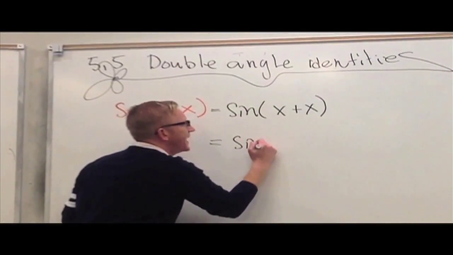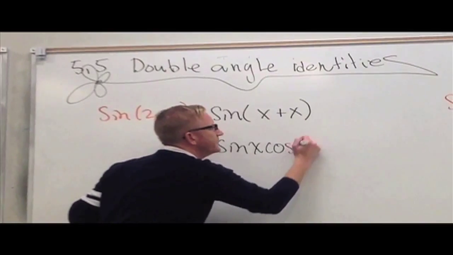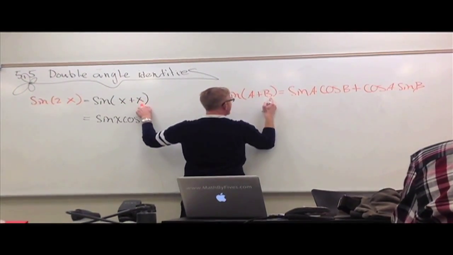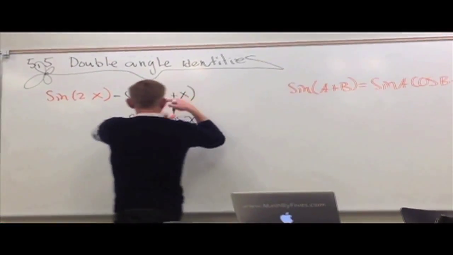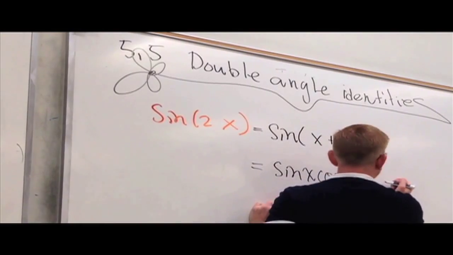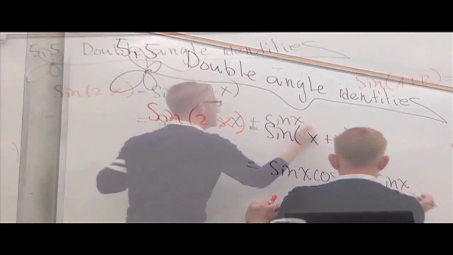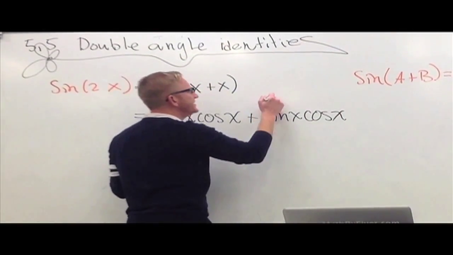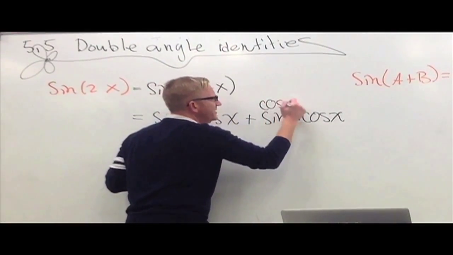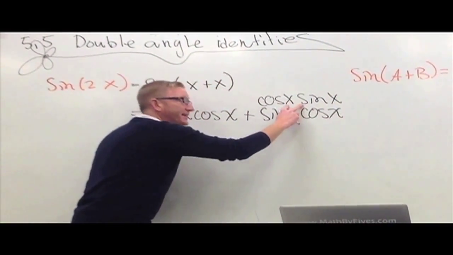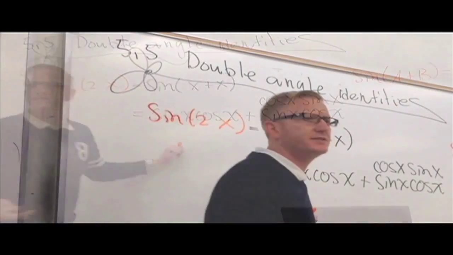So I'm looking at the sine of X, the cosine of X, because I'm considering this my A and that my B. So then these are the opposites, so these signs are the same. This is plus the sine of X, the cosine of X. But that one over there has the cosine of X and the sine of X. Yeah, but I can commute the two because it's multiplication of two functions.